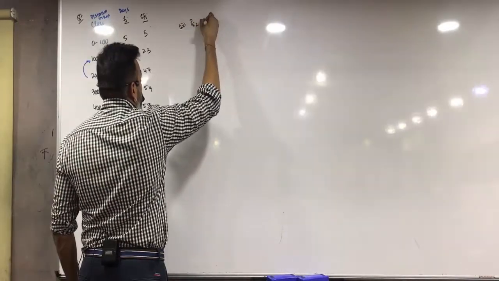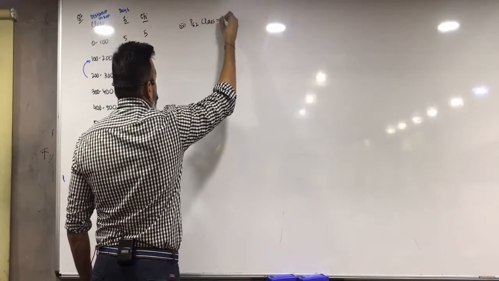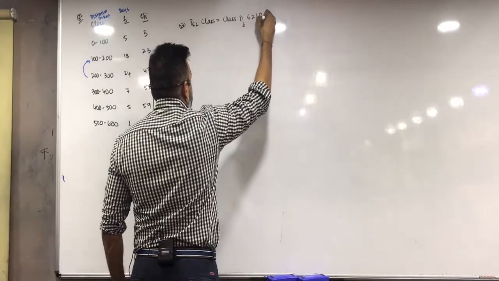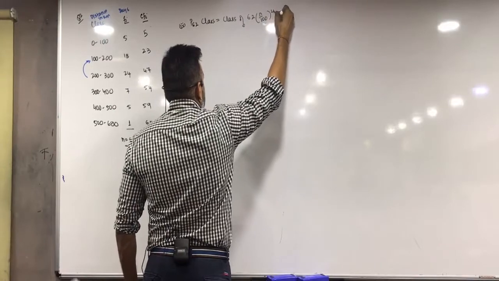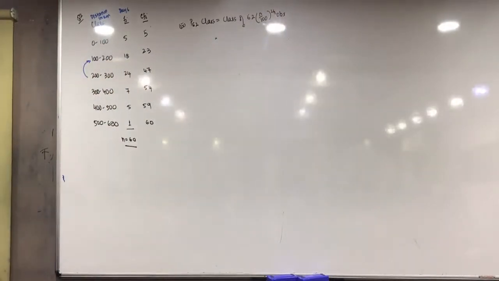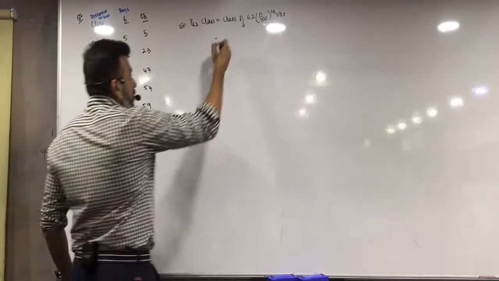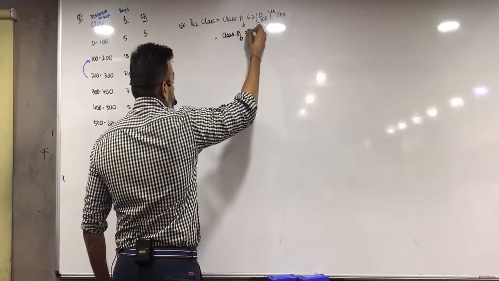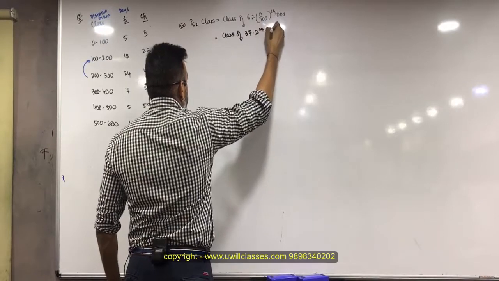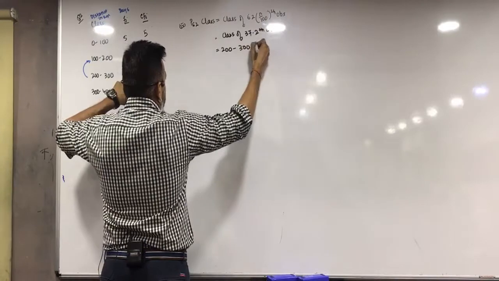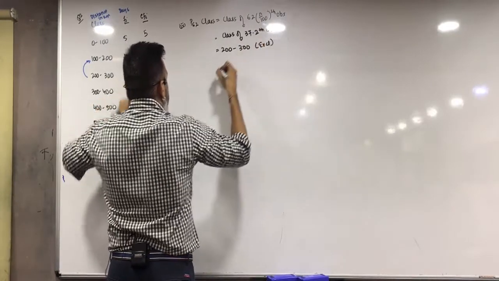P62 class is the class of 62n by 100th observation, which is the 37.2th observation, again 200 to 300 exclusive.